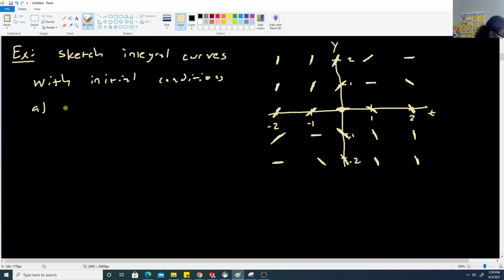Part A, we get y of 0 equals 1, and part B, we get y of 1 equals -2.